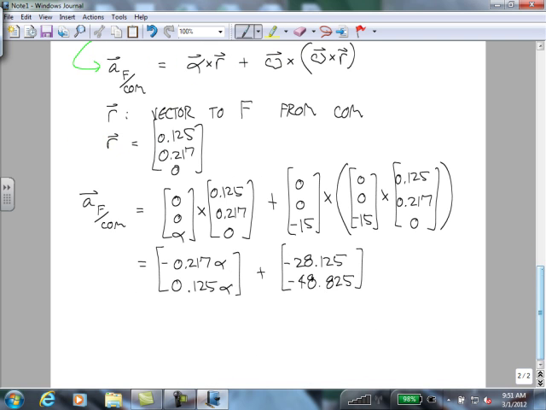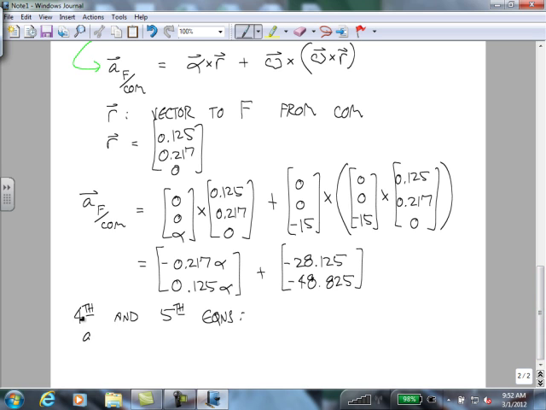So the fourth and fifth equations are, let me do it in order.